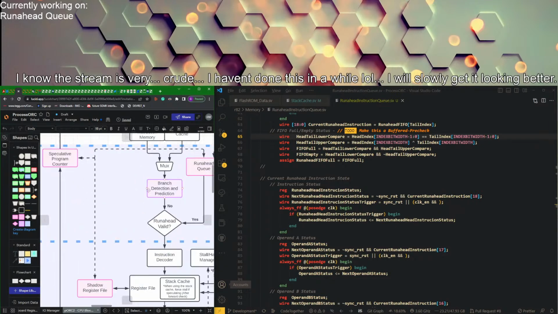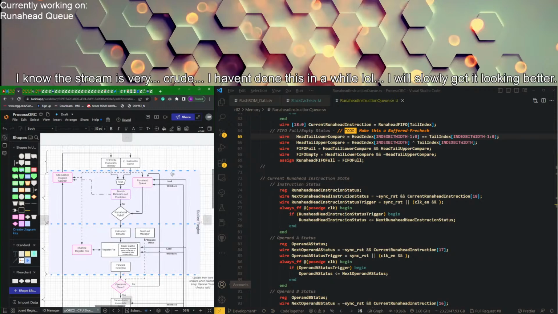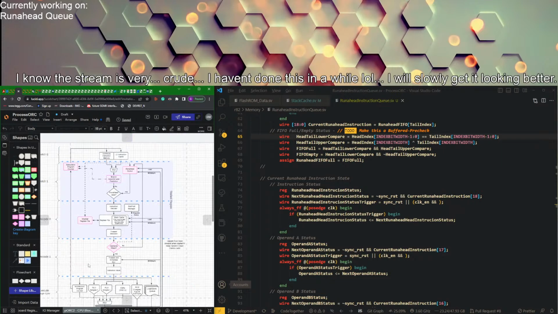Okay. Oh, I see what you're saying. Yeah, the mov instruction is literally Turing complete. That is hilarious.